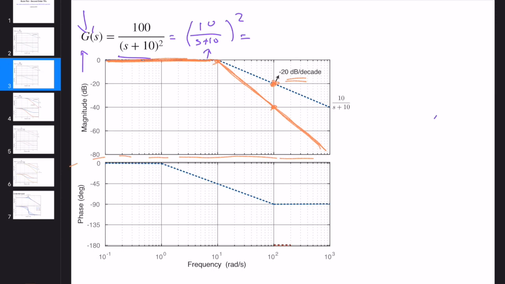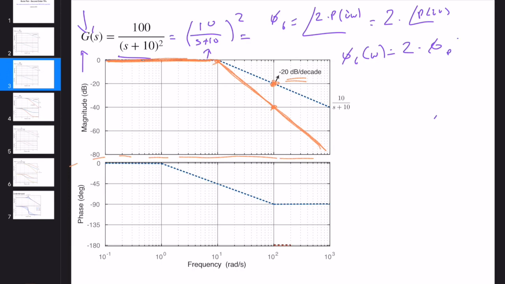So the phase of G is equal to the phase of P of j omega squared for each omega. So it's 2 times the phase, and we know that the 2 simply goes here. It is 2 times the phase of P of j omega. It says that the phase of G for each omega is equal to 2 times the phase of P at omega.